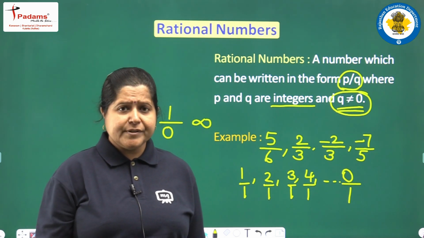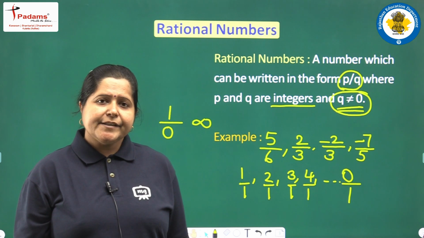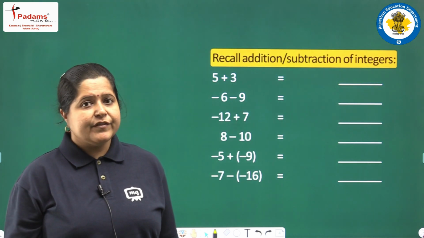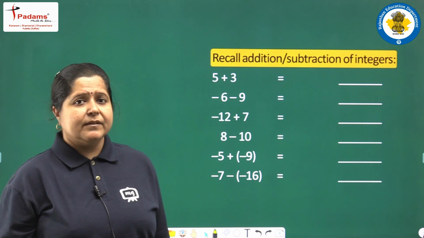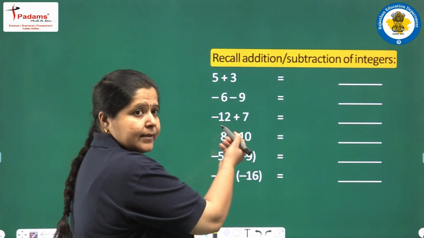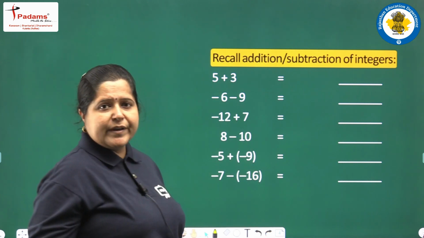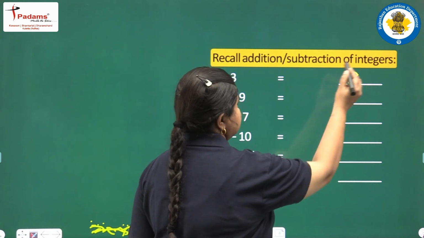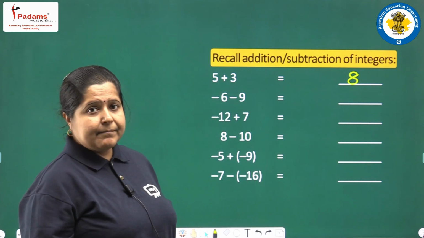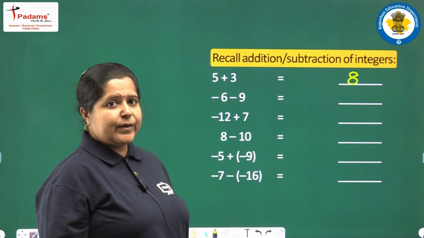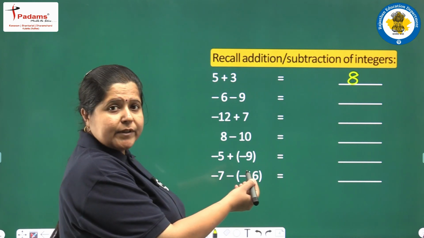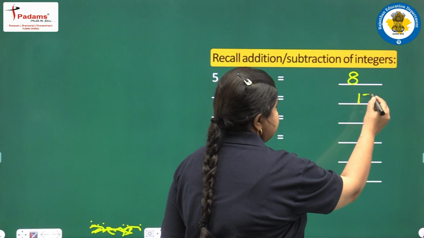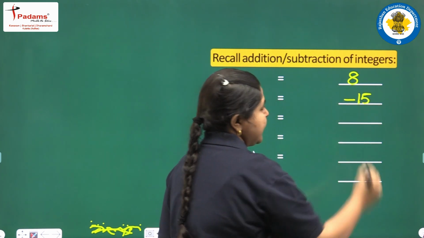Now before we proceed further in this chapter, let us first recall the addition and subtraction of integers, which will be very much used in this chapter. Begin with 5 plus 3, it is a very simple one. 5 plus 3 is 8. Minus 6 minus 9, again it is very simple. Both are negative, so we will add them, and since they are negative, the sign will also be negative.